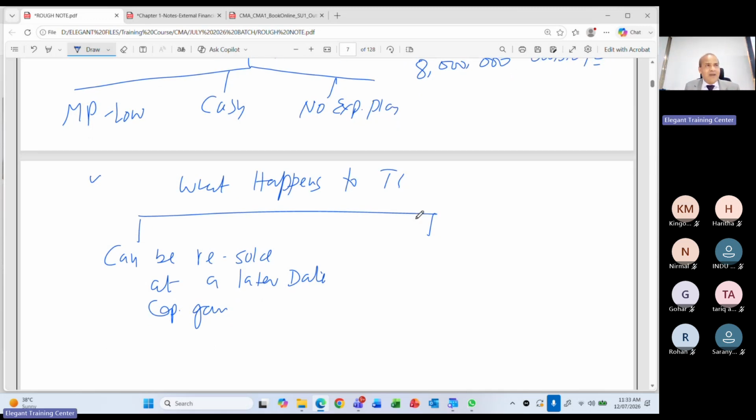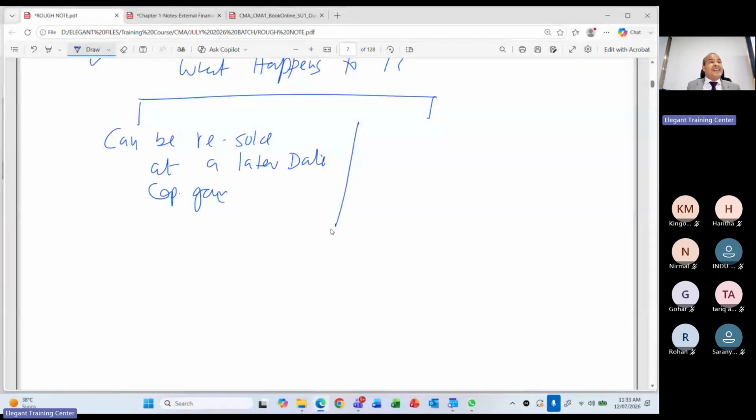And for this buyback, there are a lot of rules and regulations. Understood? There is a period within which they should resell. If they cannot resell the bought back shares within a certain period, there can be capital reduction.